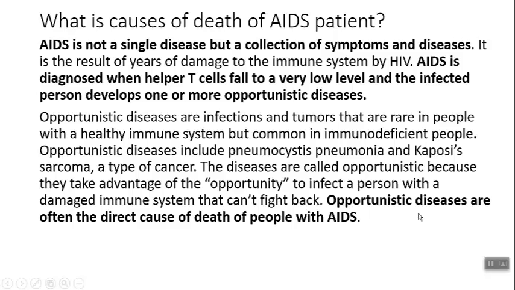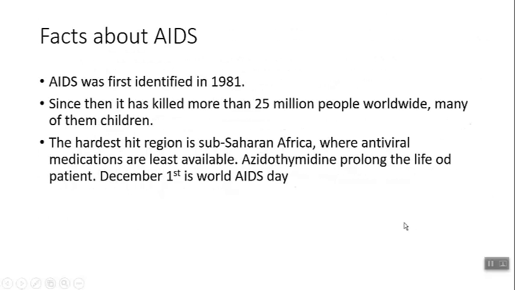Even the flu virus is believed to be a possible killer, because the immune system is totally not able to defend the body and fight against those germs. As a result, such opportunistic diseases can cause the death of AIDS patients.